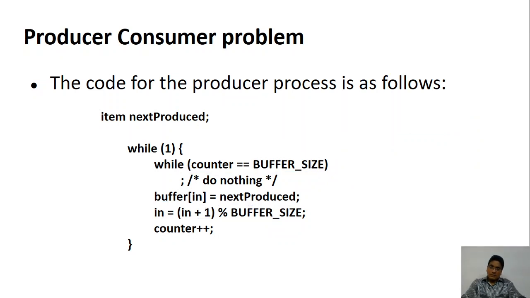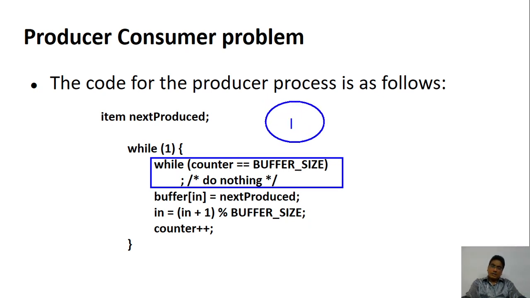So how does this particular code work? First, at this point, there is a producer here which is producing an item. So the producer will look at the buffer.